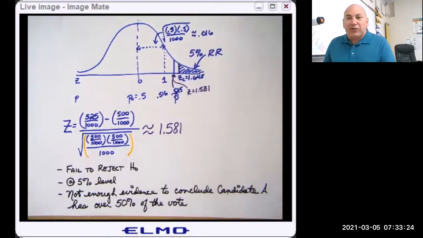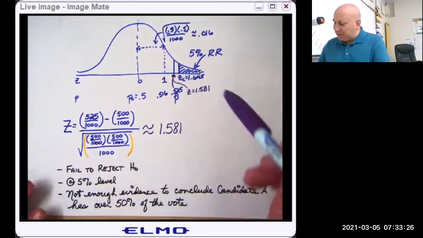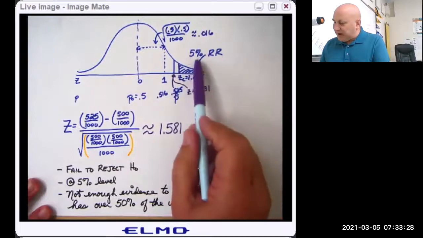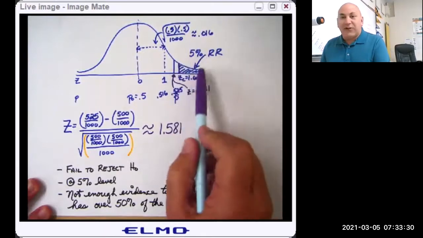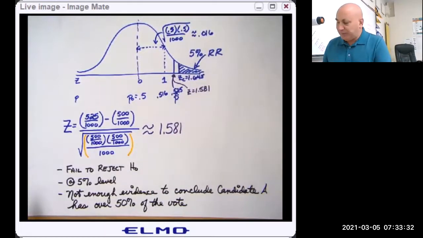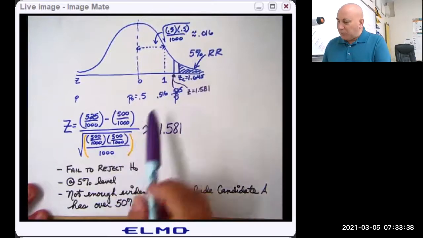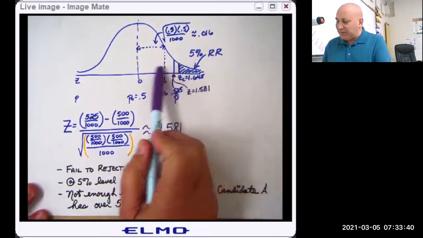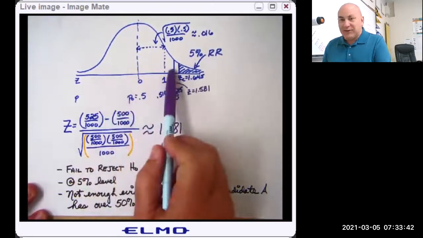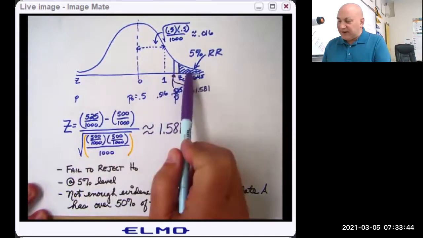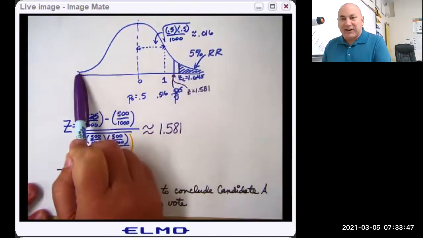So I did the rejection region method on this one. In my rejection region, if I wanted a 5% right tail, that's a z critical value of 1.645. Remember, 1.645 marks off the middle 90%, which gives you a 5% tail up here and a 5% tail down here.